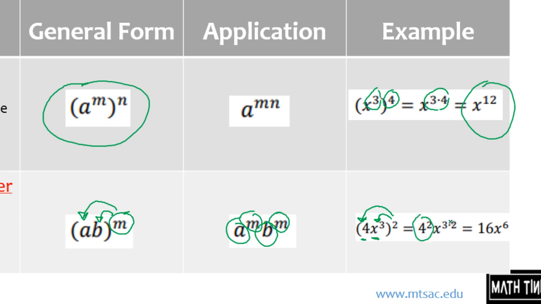Then for the b part, you can apply power rule number 1, wherein you multiply the exponents. So it becomes x raised to 3 times 2, which is 6, and 4 raised to 2 is 16. Therefore your final answer is 16x raised to the 6th power.